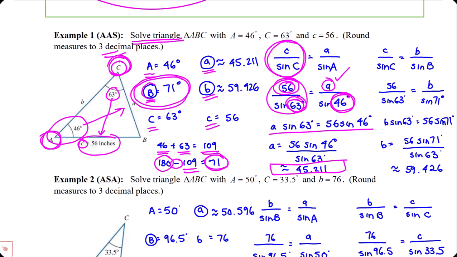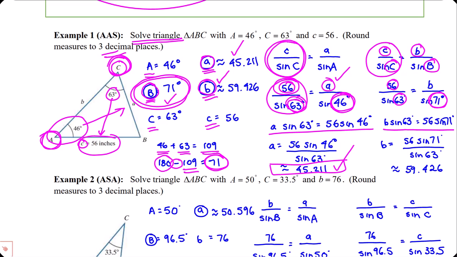And what I did here is I circled all the pieces of information that I need to find. So I found angle B. A moment ago I found side A. I have yet to find side B. So again, I use my complete fraction where I have C, side C, and angle C. I need to find side B. I just found a moment ago angle B, the leftover from 180.